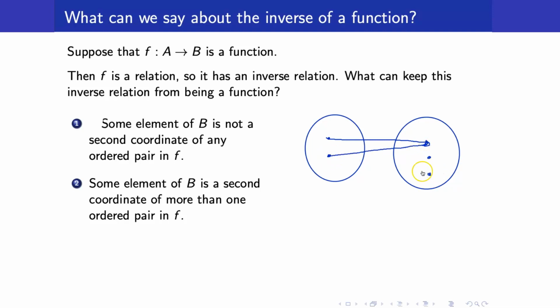So it's possible that you have extra elements in B, correct? So remember that f is a function from A to B. If we now look at the relation f inverse, remember that it has to be from B to A. It's a relation from B to A.